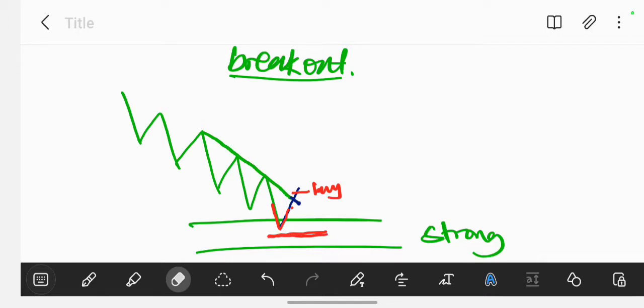But in this case, you're just placing it inside the support, and if you put it here, it will be much stronger because you have the support that's going to try and push the price up so that it doesn't reach your stop loss. It also shows that it's not easily reachable, though it's going to be too wide. So that's why it is important to enter in such a way that where your stop loss is won't be challenged.